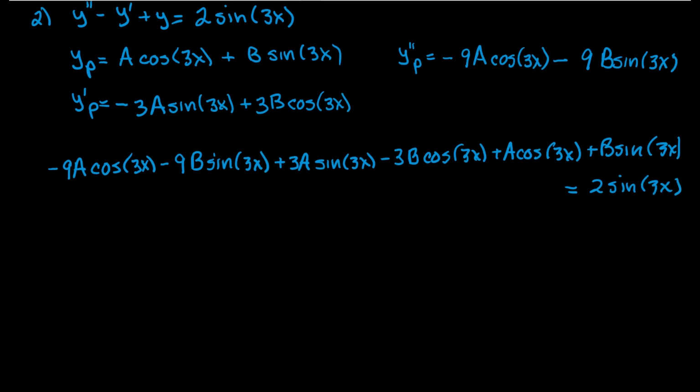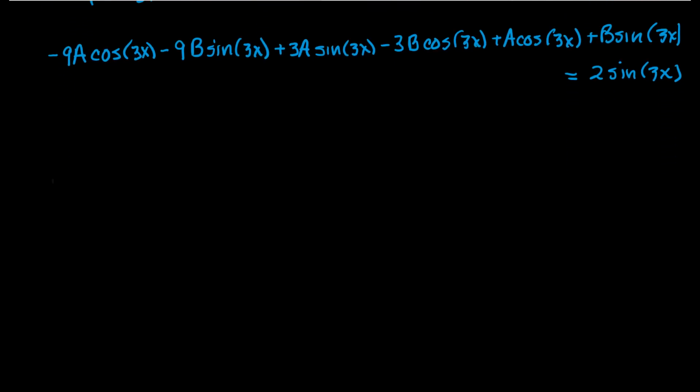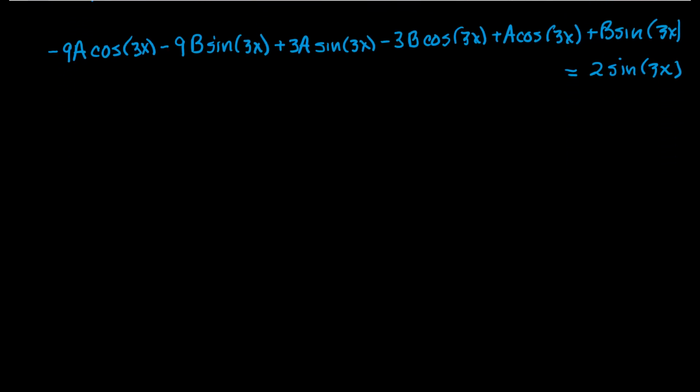Okay, in the previous one, I sorted out my terms based on the power of x. In this case, I'm going to be looking at sine versus cosine. And the first thing I want to do is take a look and see, does any of this combine or does any of this subtract off? Notice all the cosines are going to be of 3x and all the sines are going to be of 3x. But I do need to be careful because the coefficients can be either a or b.